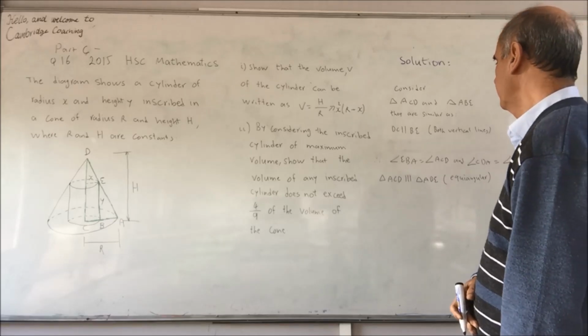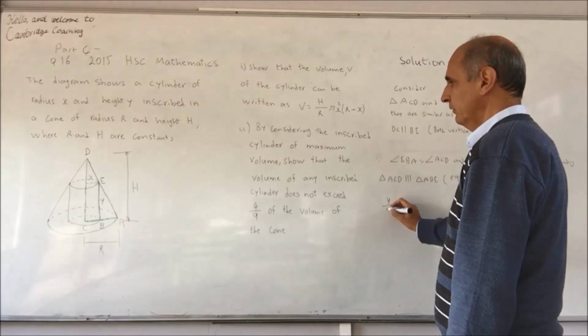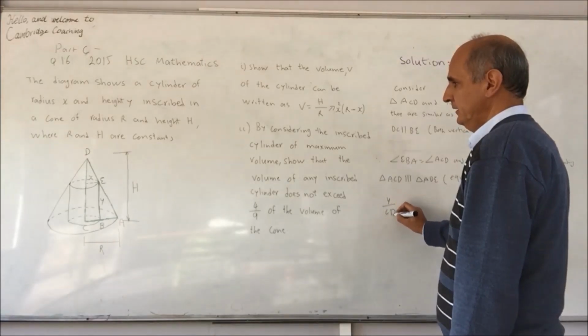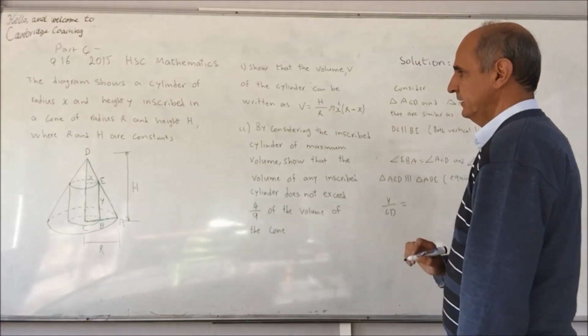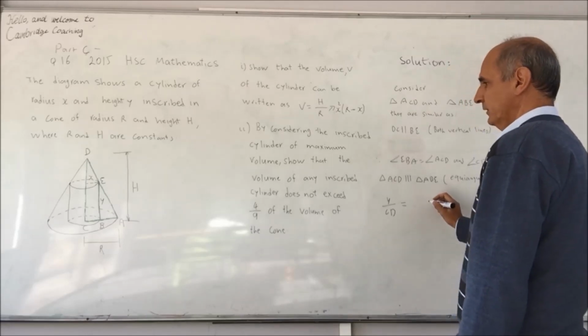Now they are similar, so we can write that y over CD is the same as AB over AC.